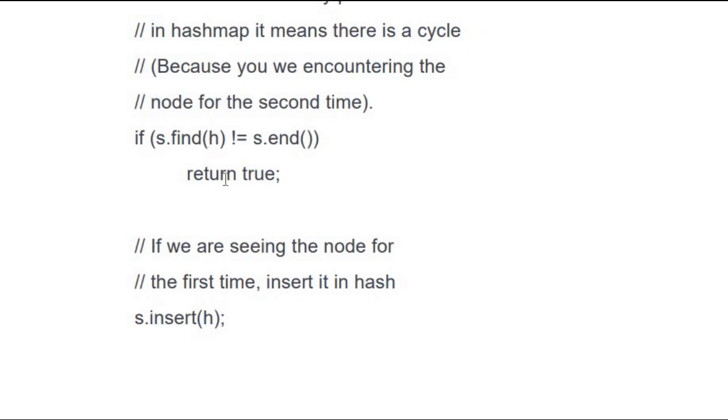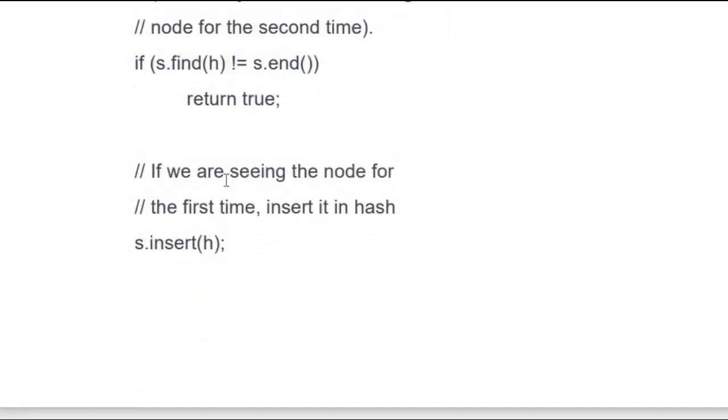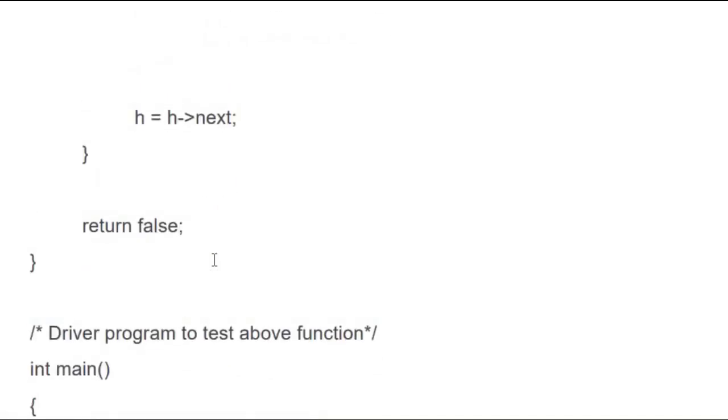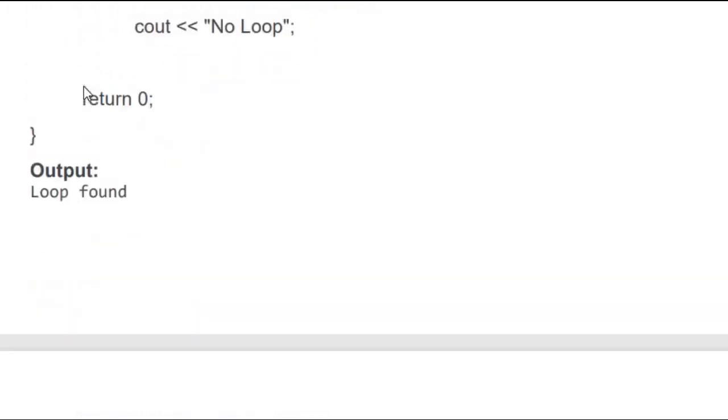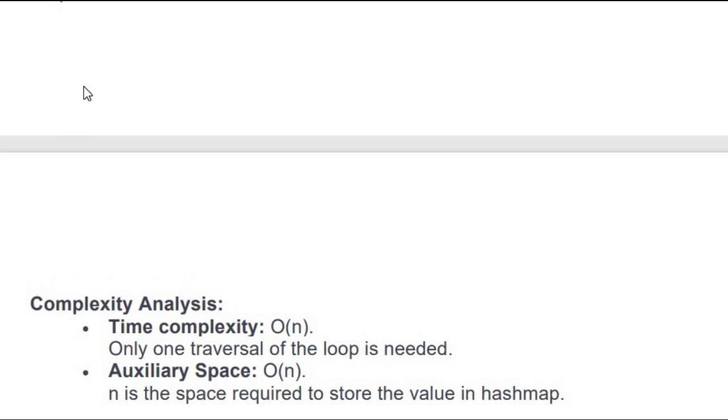If we are able to find it, then we return true, because in the loop we already had this value once, and if we encounter it again, it means we are stuck in a loop. And if we didn't find it, then we insert the value, marking that we have already encountered it. The time complexity of this algorithm is big O of n, and the space complexity is also big O of n.